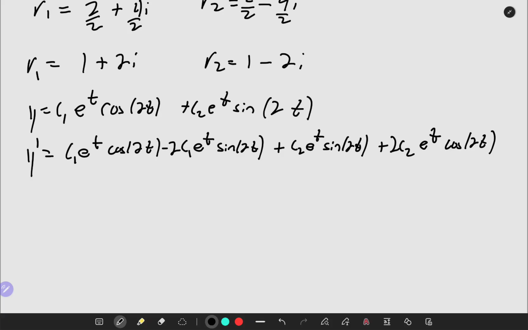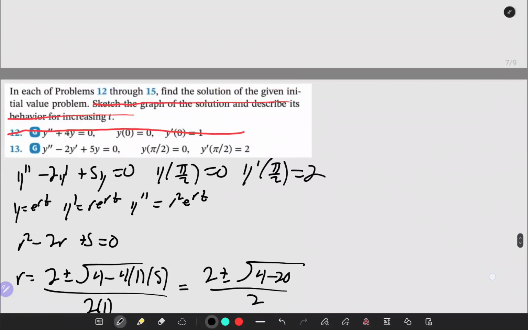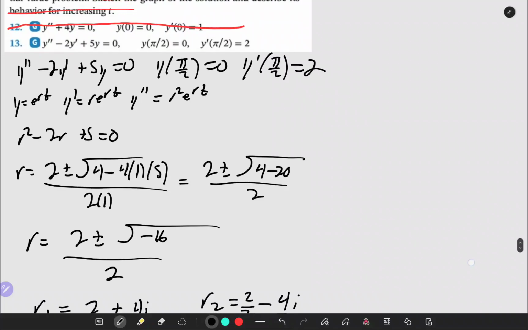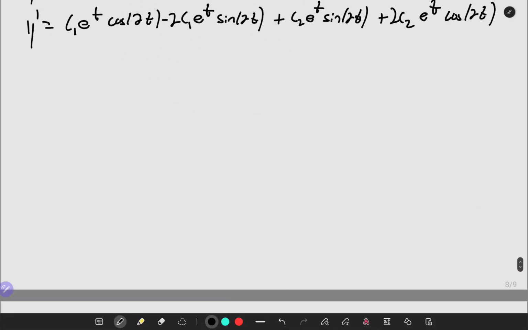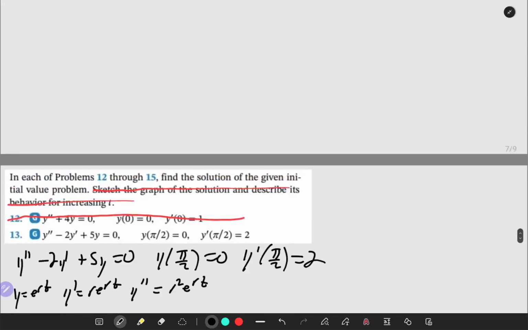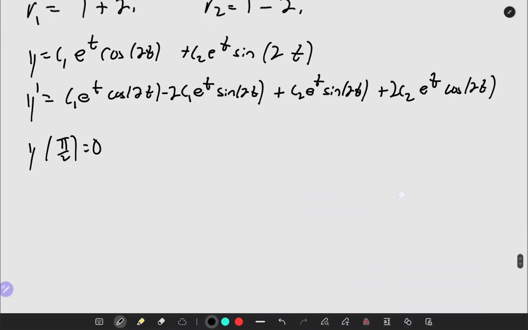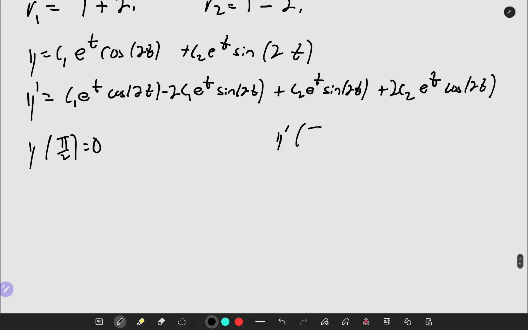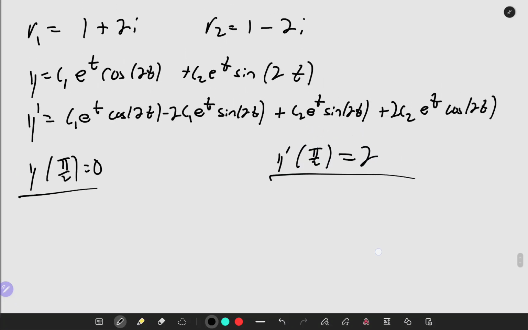Okay, so now we use our two initial conditions. Where was I? Okay, so y, and we have, okay, so we have these two initial conditions.